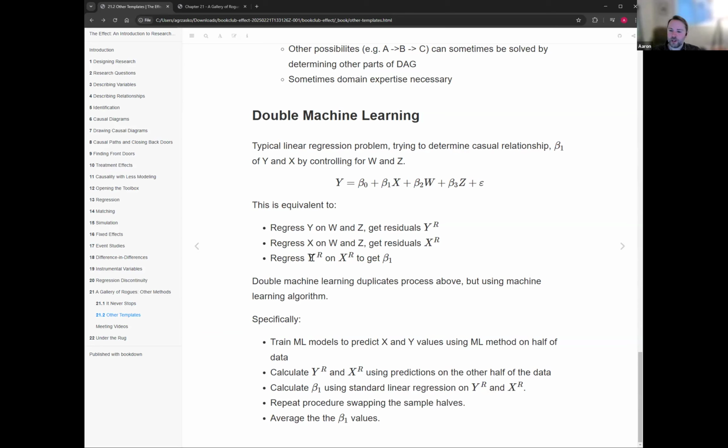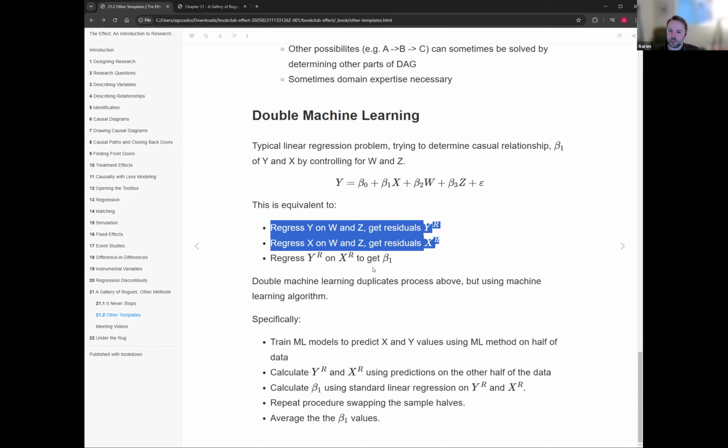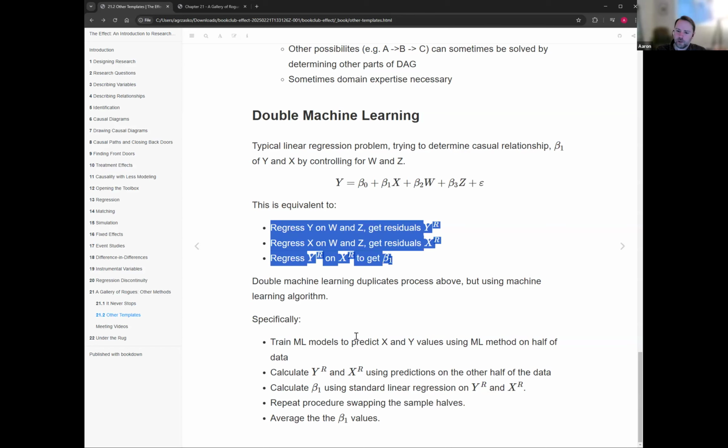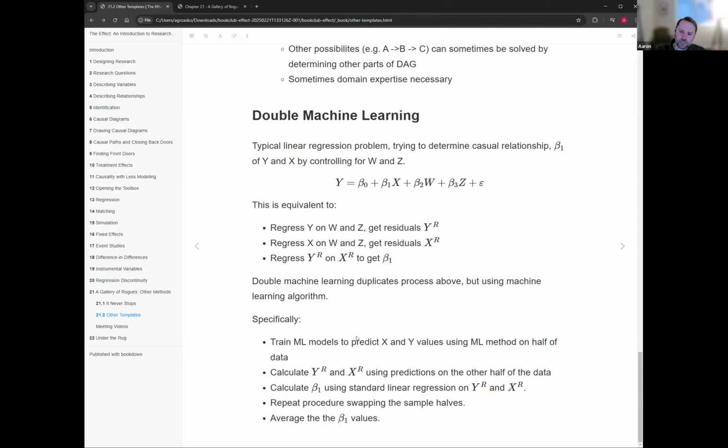And then you do a regression of the residual version of Y on the residual version of X, and then you get your beta 1 coefficient. Do you guys recall that from an earlier chapter? It's the same thing as doing what we're seeing up here. It just looks more complicated, but you effectively get the same result. But double machine learning uses this form of doing regression, implementing its approach.